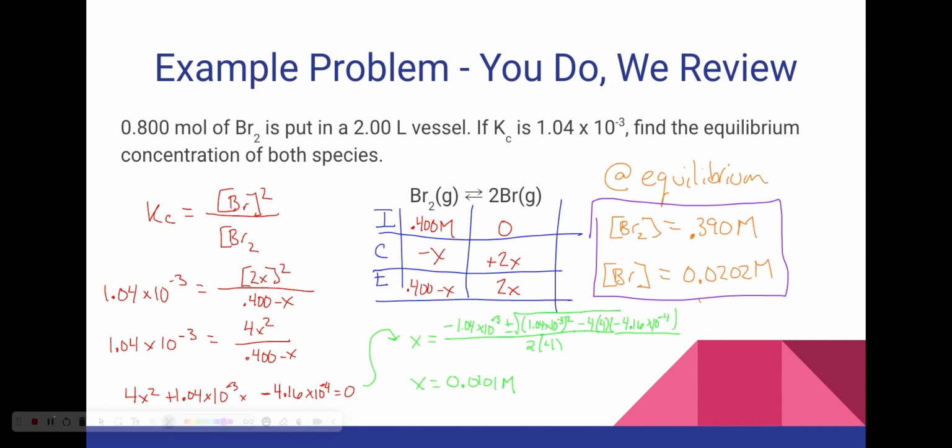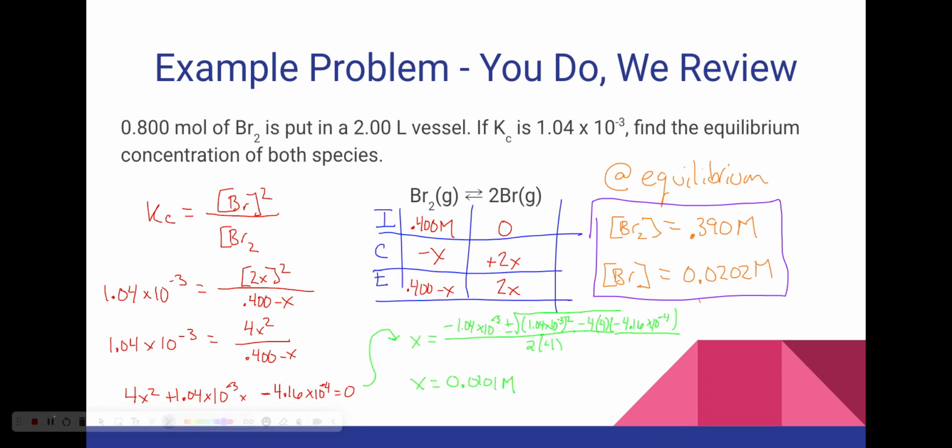You obviously need the equilibrium expression, and then you of course set the equilibrium constant, in this case 1.04 times 10 to the negative third, equal to, in my case, 2x raised to the second power divided by 0.400 minus x. In other words, those equilibrium concentrations from the icebox.